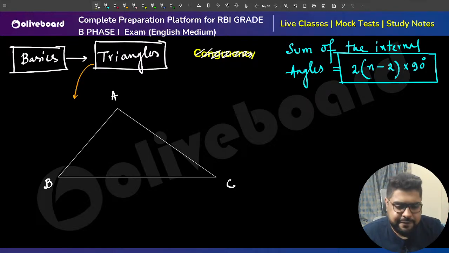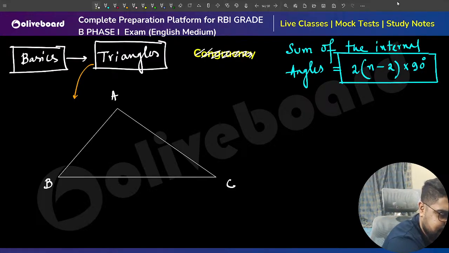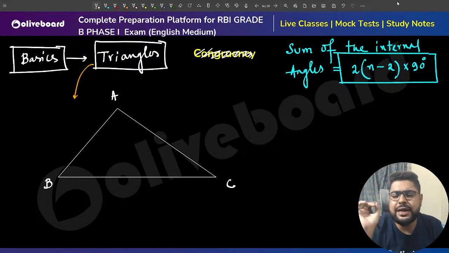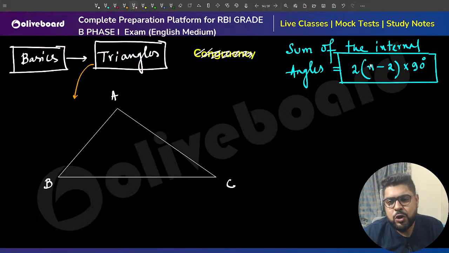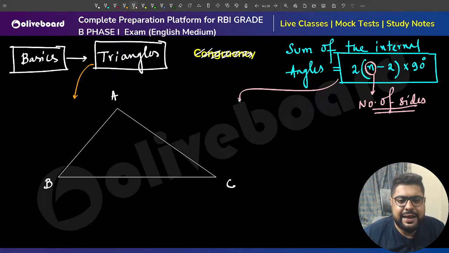This is for any triangle or any polygon you take. Now, the triangle is the smallest polygon, where n is the number of sides. In the case of a triangle, the n value is 3.